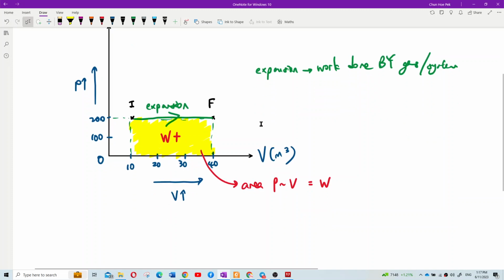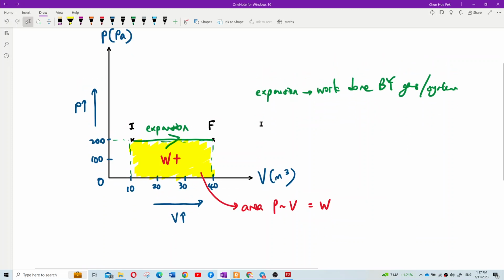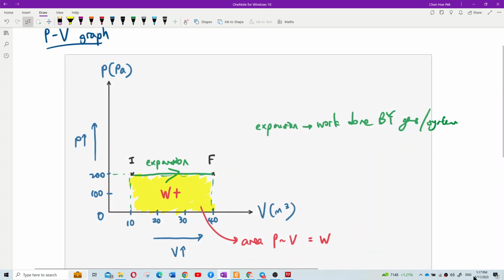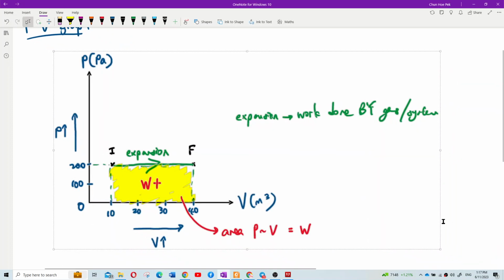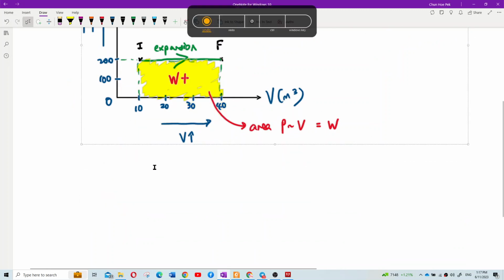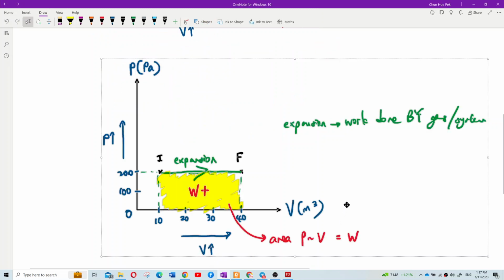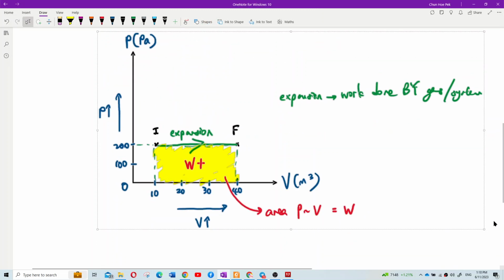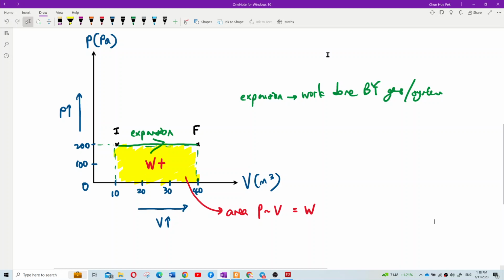Let me ask you again. Let's say the other way around, class. What about if the process goes to the left?